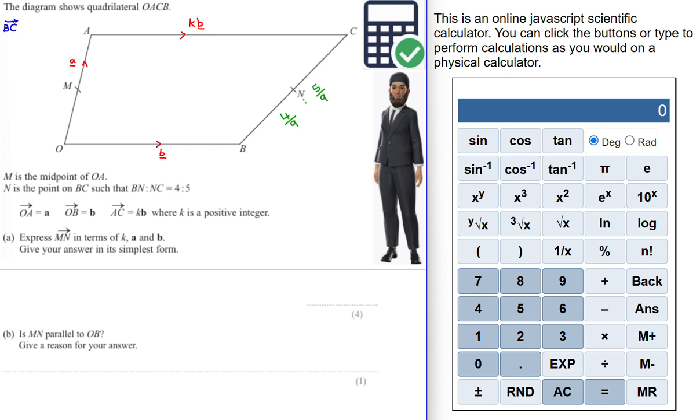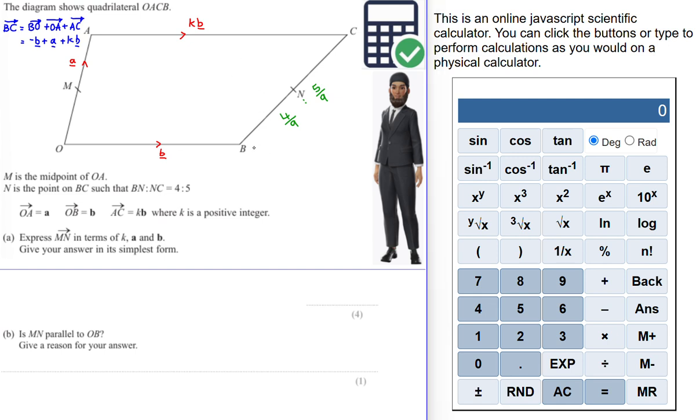Starting from B, going up to C, we go backwards against the arrow, so it's B to O, then O to A, then plus A to C. B to O goes against the arrow, so it's minus b, then plus a, then plus kb. We leave it like that for now. That's BC.